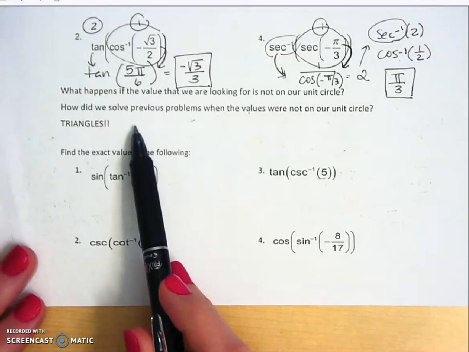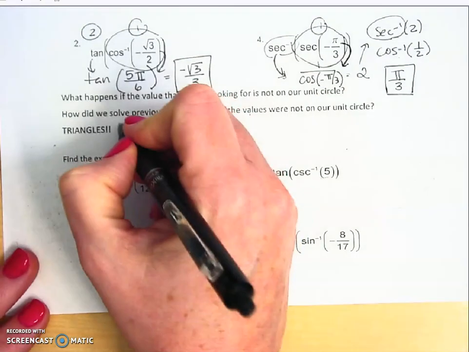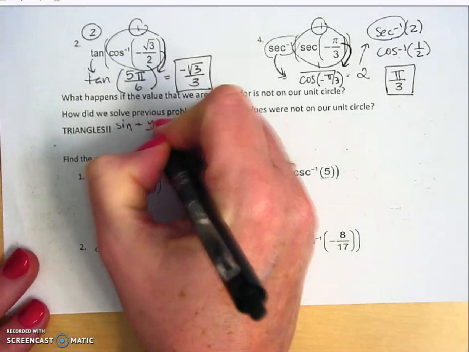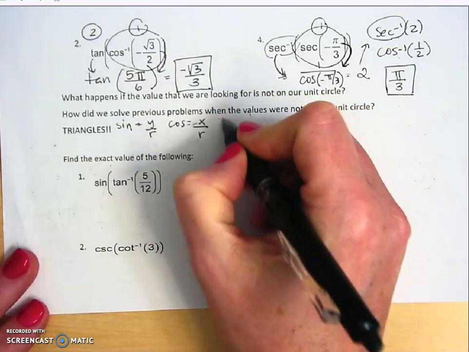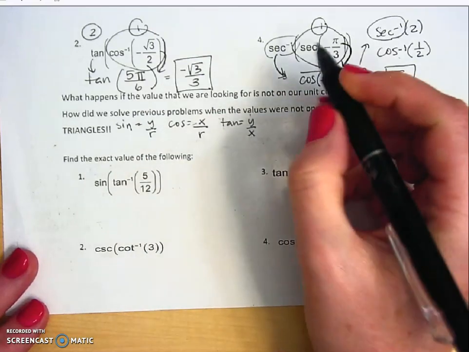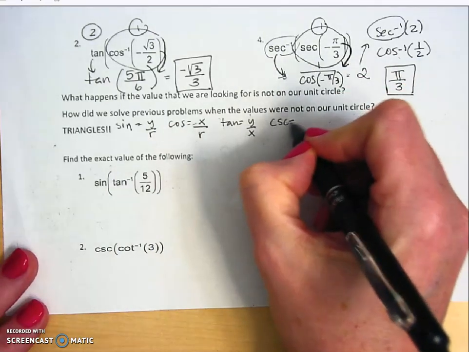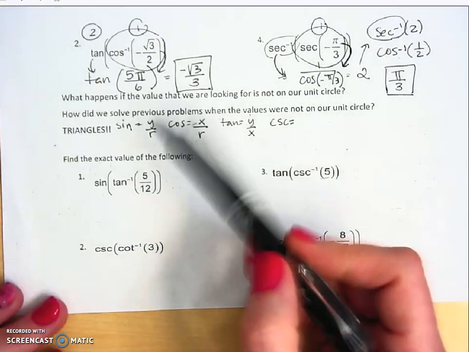So I want you to take a minute and just write in these ratios just so we can have them as a reminder. Sine is y over r, cosine is x over r, tan is y over x, cosecant is 1 over sine, which means take the reciprocal of the sine ratio.